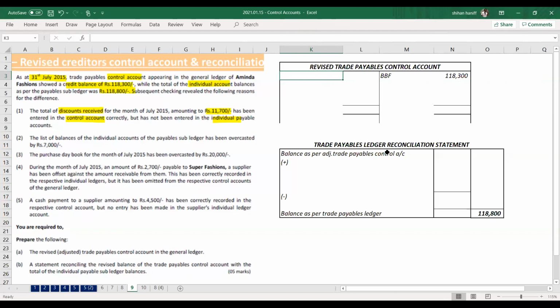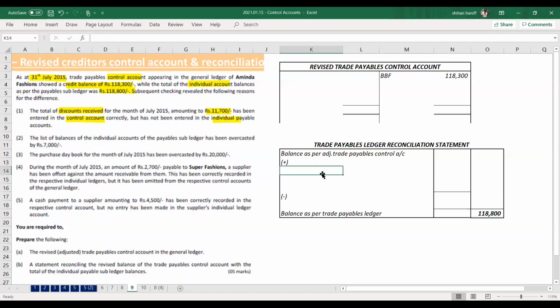It was not deducted in the individual account. Right? So control account is correct. Therefore, this comes under reconciliation. Plus or minus. The trade payable ledger balance is more. Therefore, it will be plus.